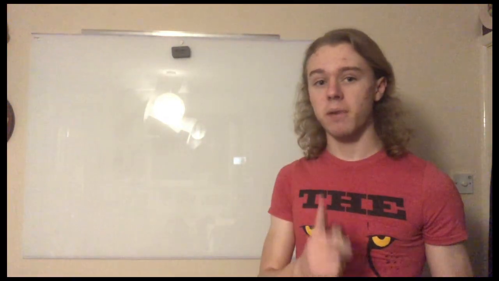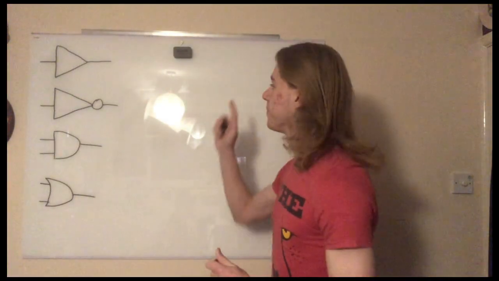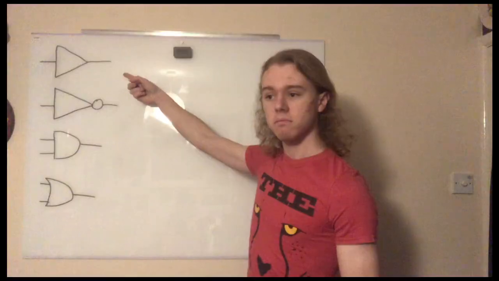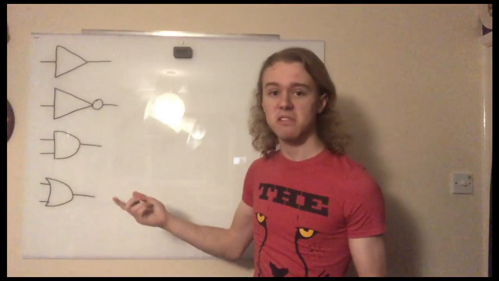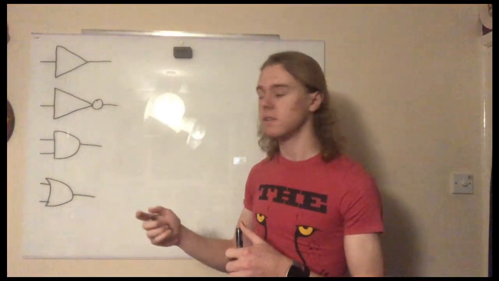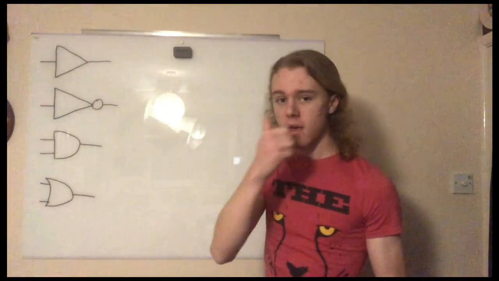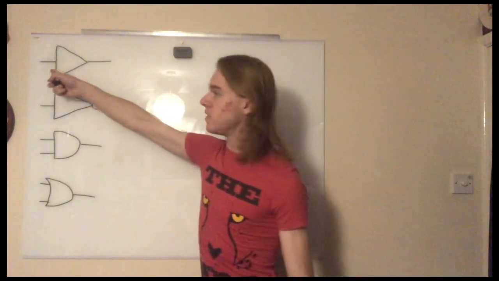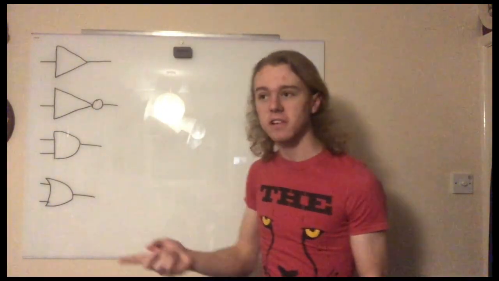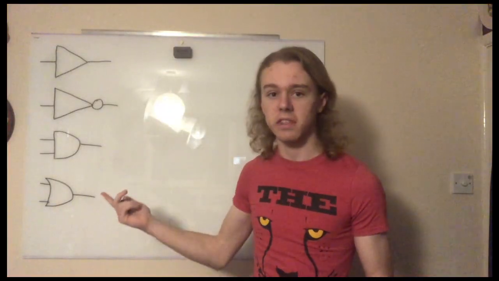If you don't know, the basic logic gates look like this. This is basically a representation of a wire. What goes in here comes out here. It's basically the null gate, so it changes nothing.